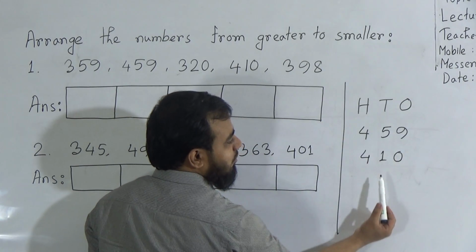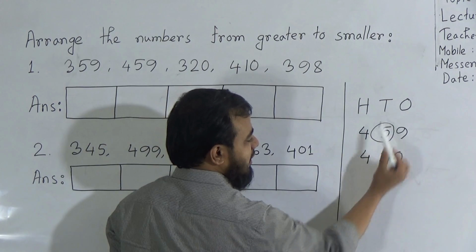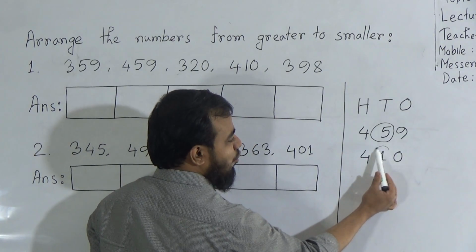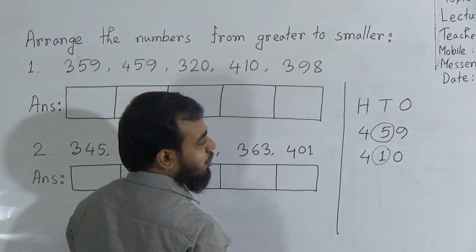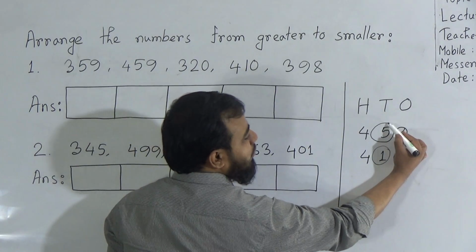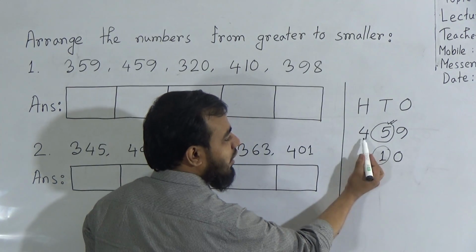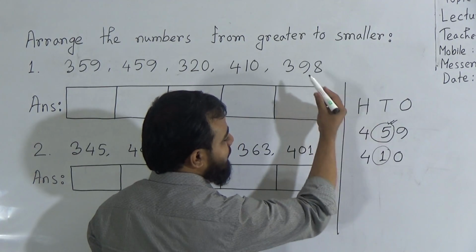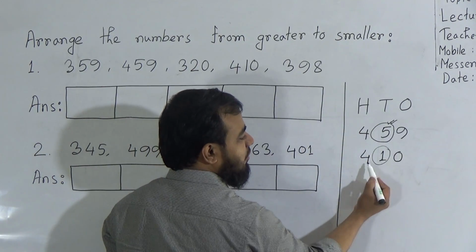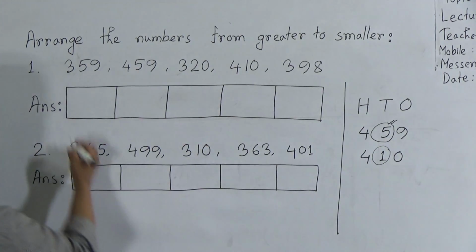In the tens position, 459 has 5 and 410 has 1. So which digit is greater? We know that 5 is greater than 1. That means 459 is greater than 410, and 459 is the greatest among these 5 numbers.